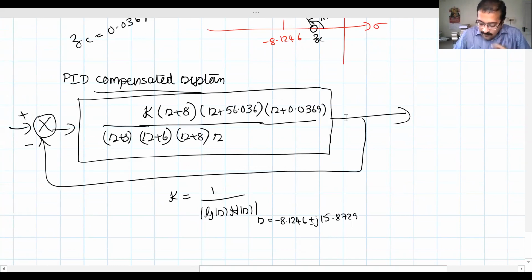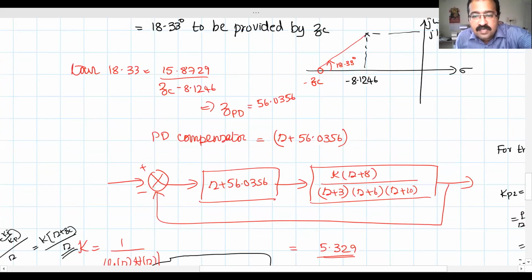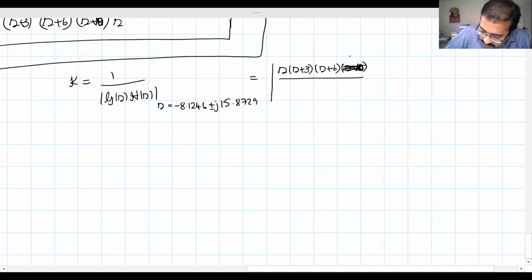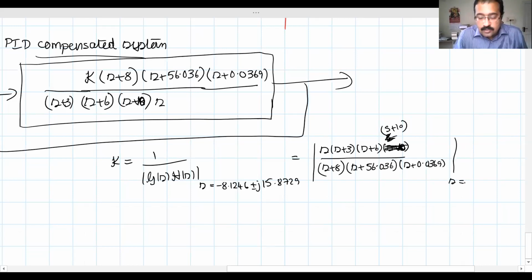So that means the modulus of S into S plus 3 into S plus 6 into S plus 10 (sorry, this was S plus 10, in the question it was S plus 3 into S plus 6 into S plus 10) whole divided by S plus 8 into S plus 56.036 into S plus 0.0369, at the dominant pole minus 8.1246 plus or minus j 15.8729. If you do this calculation, you will get your K value as 3.795.